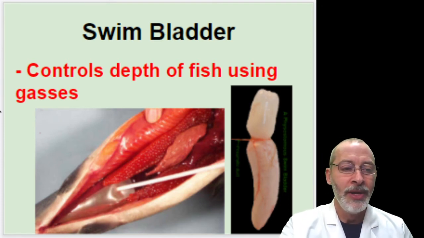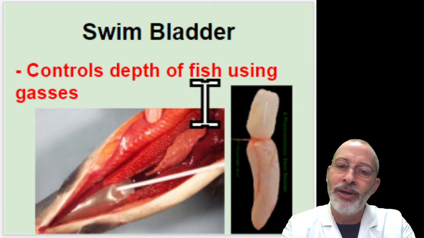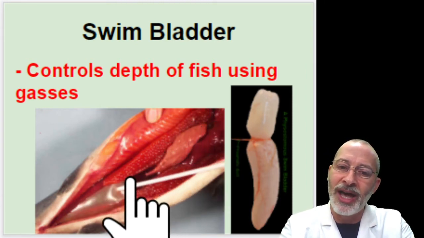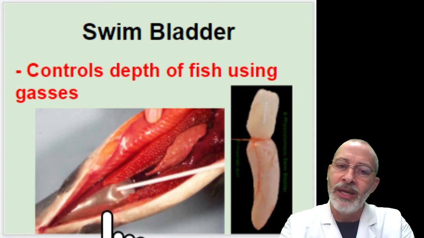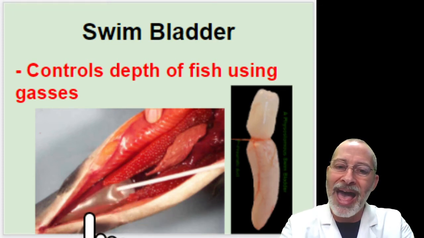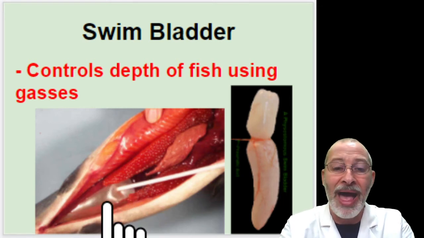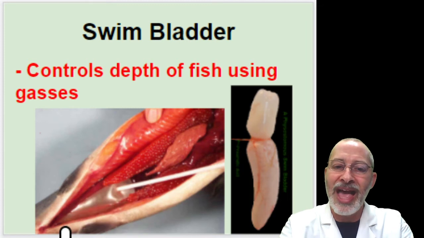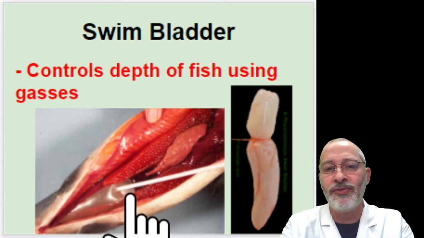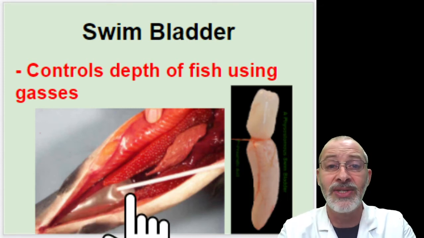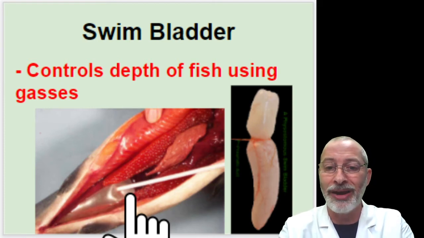But if you notice, an actual swim bladder in a fish, and you can see the diagram here of a fish which has been dissected open, illustrating the area of this bag-like structure, and that's what it is. A bladder is a type of bag, and it is filled with gases. Primarily in fish, it's filled with carbon dioxide gas, the waste gas that fish get rid of.